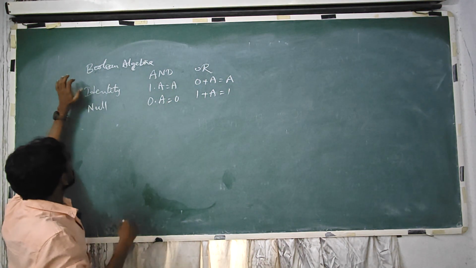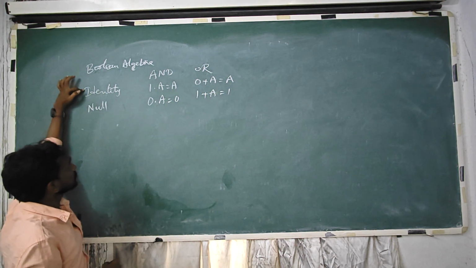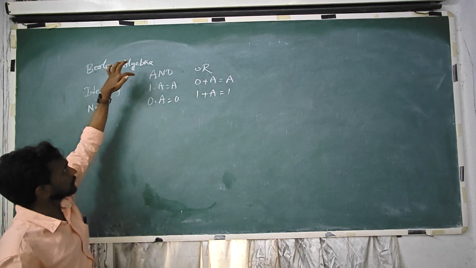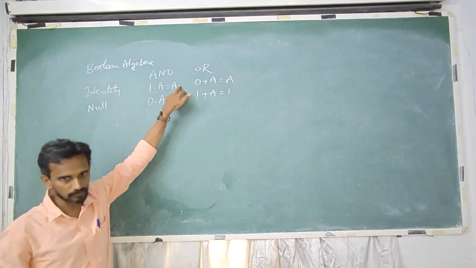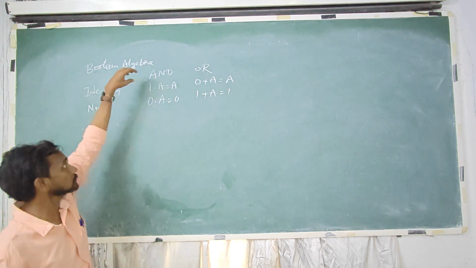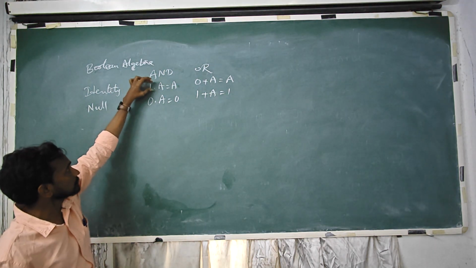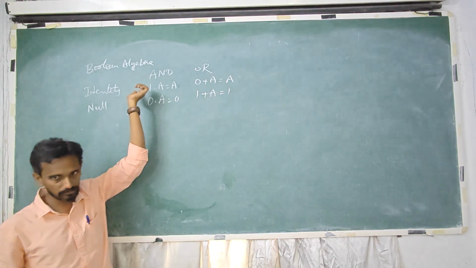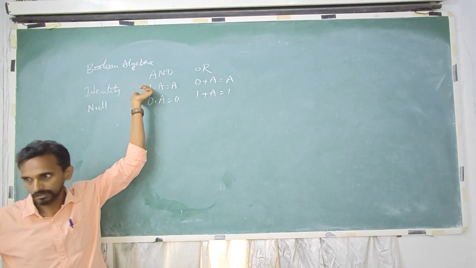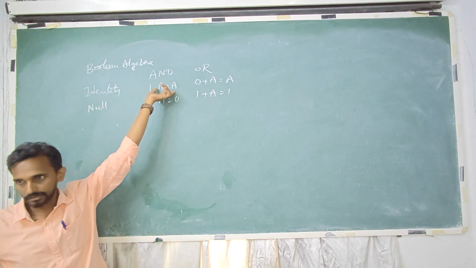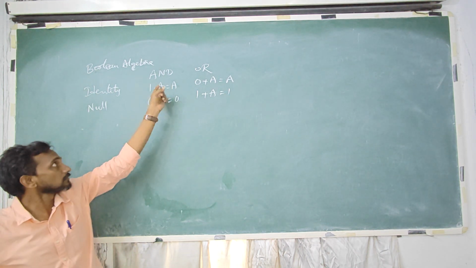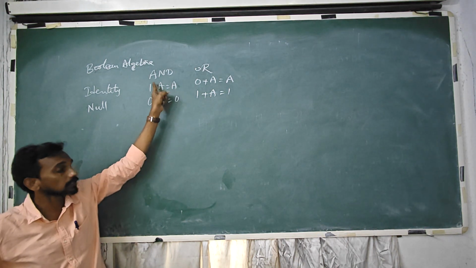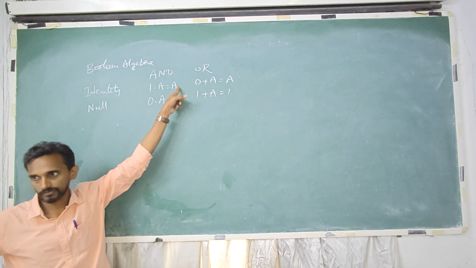So the first one is identity. Identity means you should get the same output as input. If you multiply with 1 you get the same output. If a is 0 you will get 0, if a is 1 you will get 1.